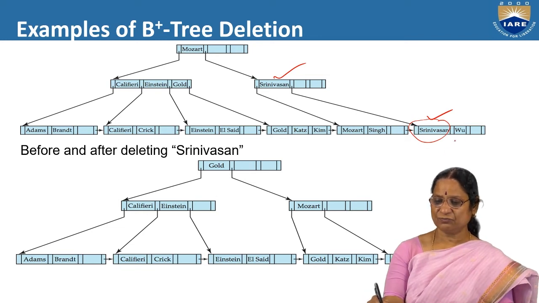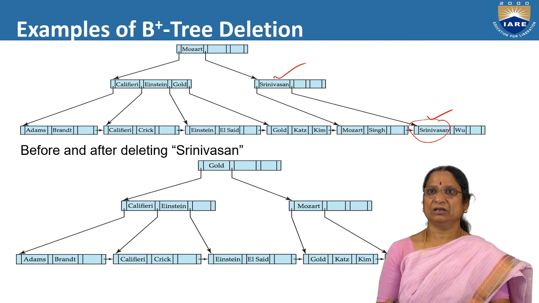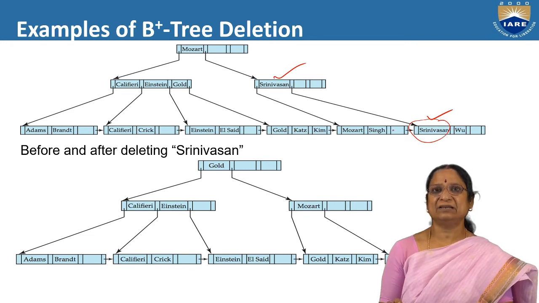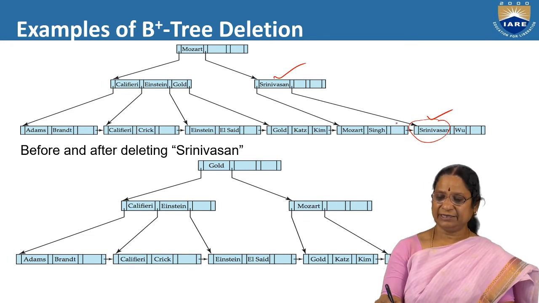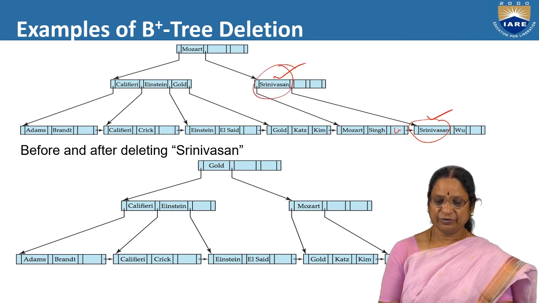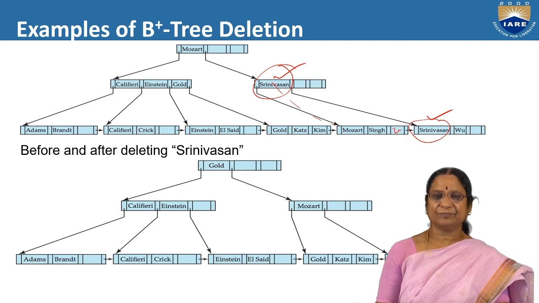Only Wu remains. So after this deletion, it is less than 50% filled, no? So it can be moved here, and the respective header is going to be changed. The respective key value is added to where it was moved.